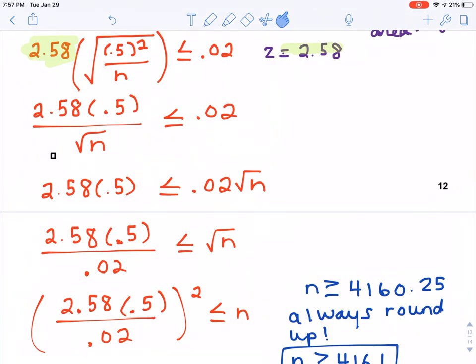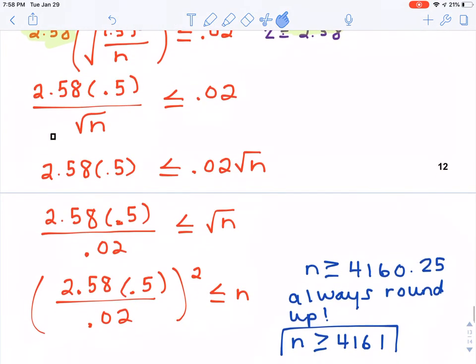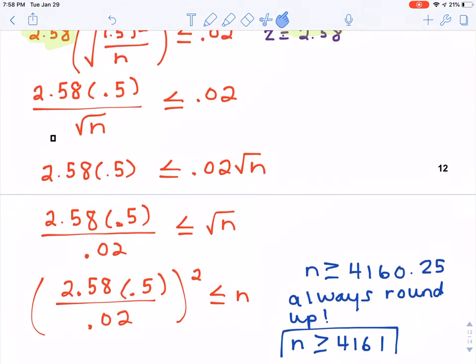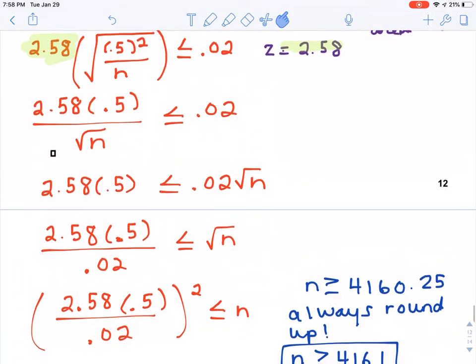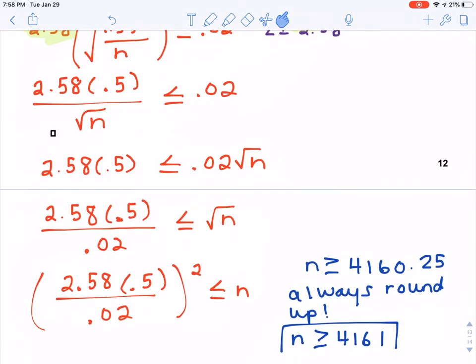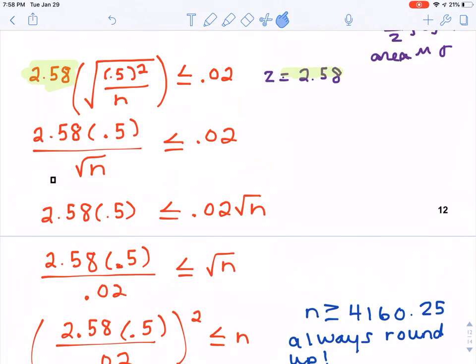End up initially getting n is greater than or equal to 4,160.25, but we always round up. So we're saying we should survey at least 4,161 people to have these constraints. Okay? I have seen several problems that are like this, where they ask you what the sample size should be for these proportions. The part you want to remember is always use 0.5 for p hat when you're doing this.